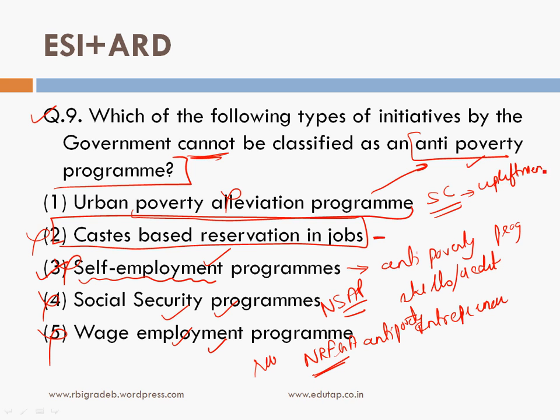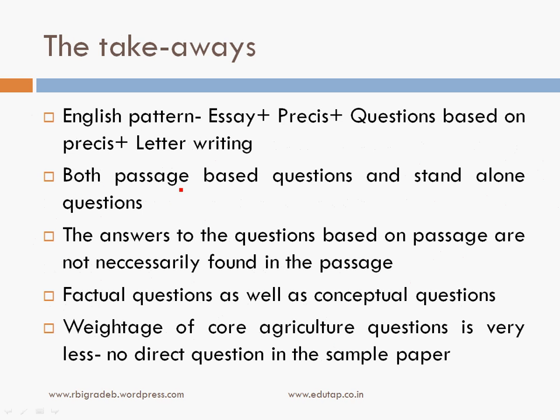For historical reasons, Indian history is full of instances where injustice has been done against certain castes. So to uplift this section of society, to pay for that injustice, we are giving the caste-based reservation, right? So this is not an anti-poverty program, so the right answer becomes 2. This is the correct option.